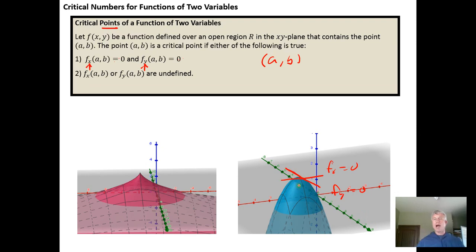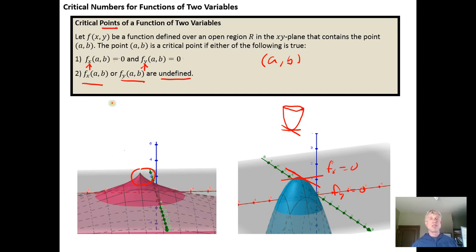So these hilltops or valley bottoms will correspond to places where the x and the y derivatives are simultaneously 0. But we still have to pay attention to places where the partial derivatives are undefined, because those could correspond to cusps in three-dimensional space that themselves represent either a maximum or minimum value.